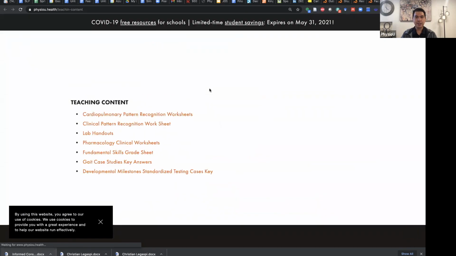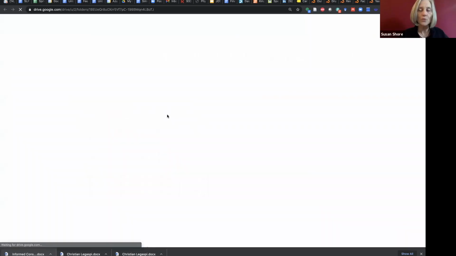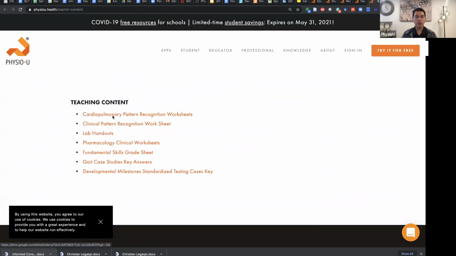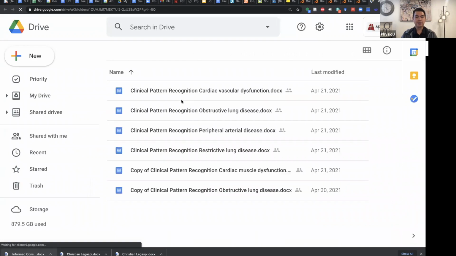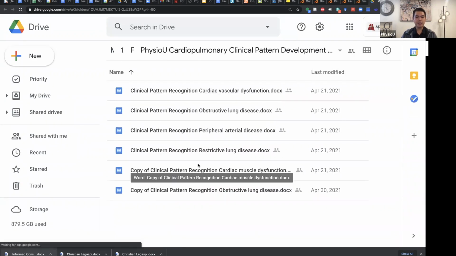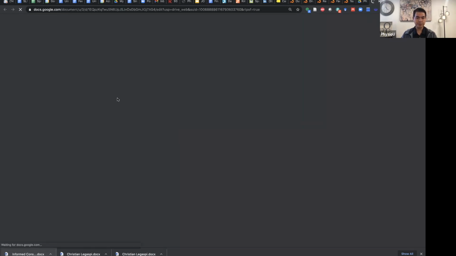Susan, do you want to look at the lab or the clinical pattern recognition worksheets? Well, the lab handout, oh, no, sorry. Let's go back to the clinical pattern one first. Okay, no problem. So we'll go to the cardiopulmonary pattern. We could pick any one of these. Let's go with restrictive again, or we can do peripheral arterial.